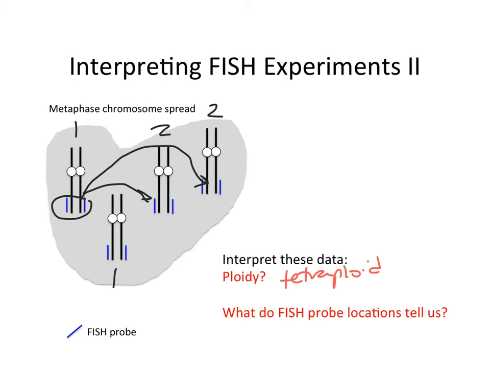And that might explain the results you're getting. Oh man, so many answers. I favor tetraploid, but that's just because that's what I was thinking when I made this example, but you're absolutely right. That's another entirely reasonable argument for why you would see this pattern.